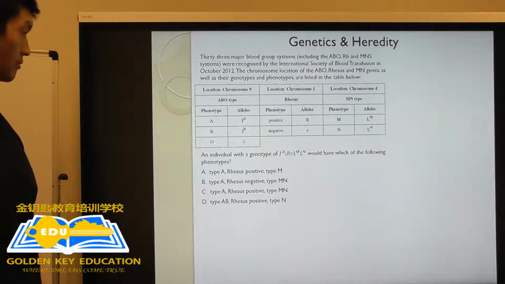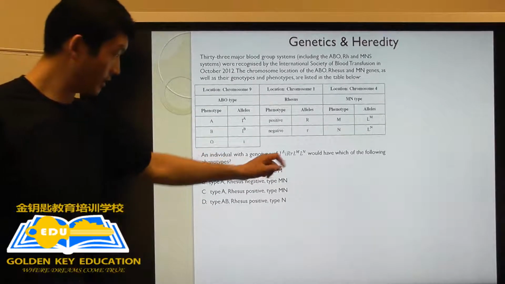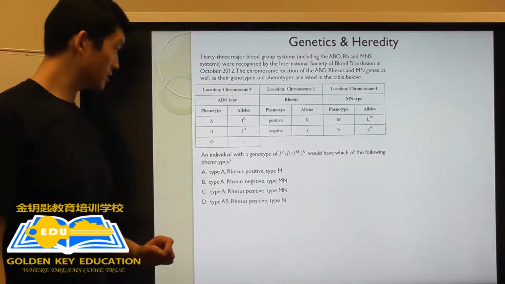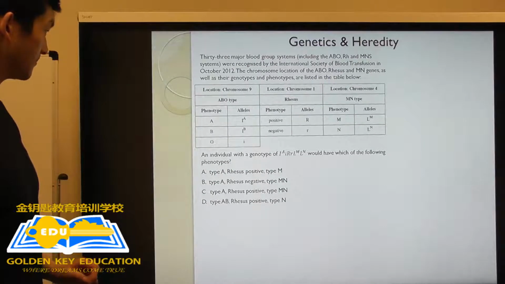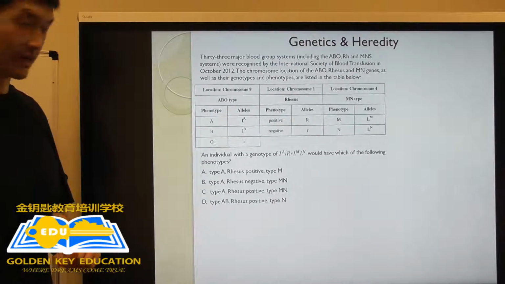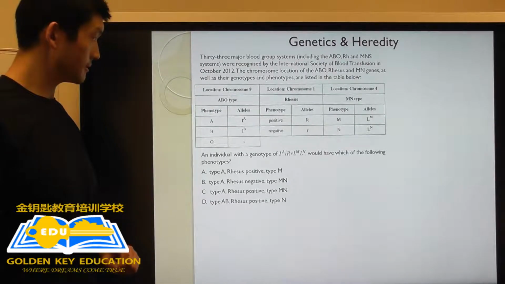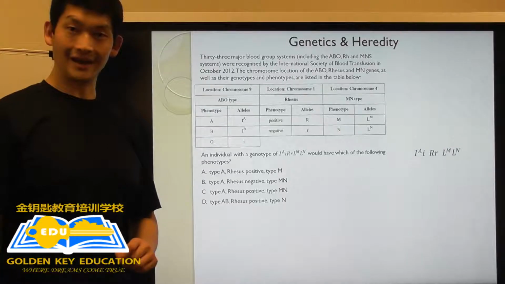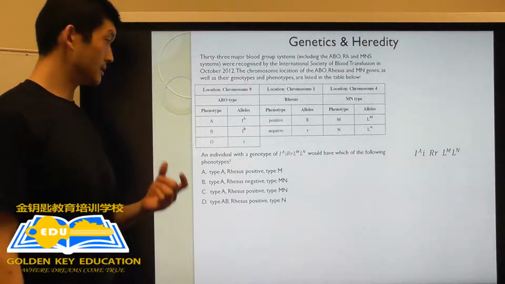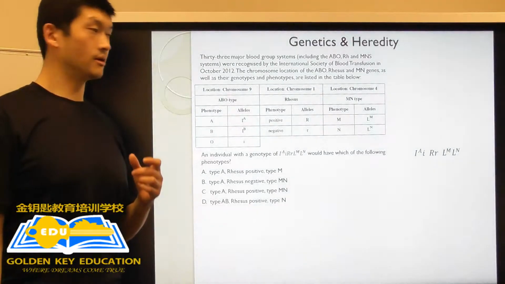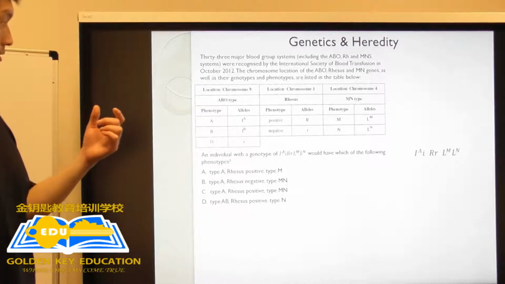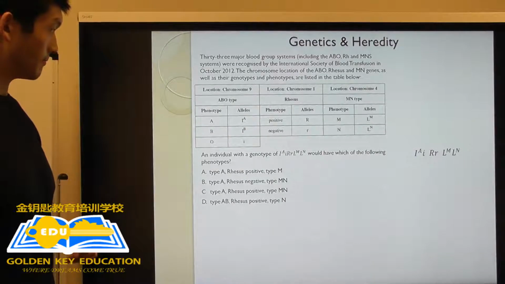An individual with a genotype of the following would have which of the following phenotypes? So what we need to do for that question is to take the genotype and essentially break it into its three separate components, one representing each of the three blood groups given.